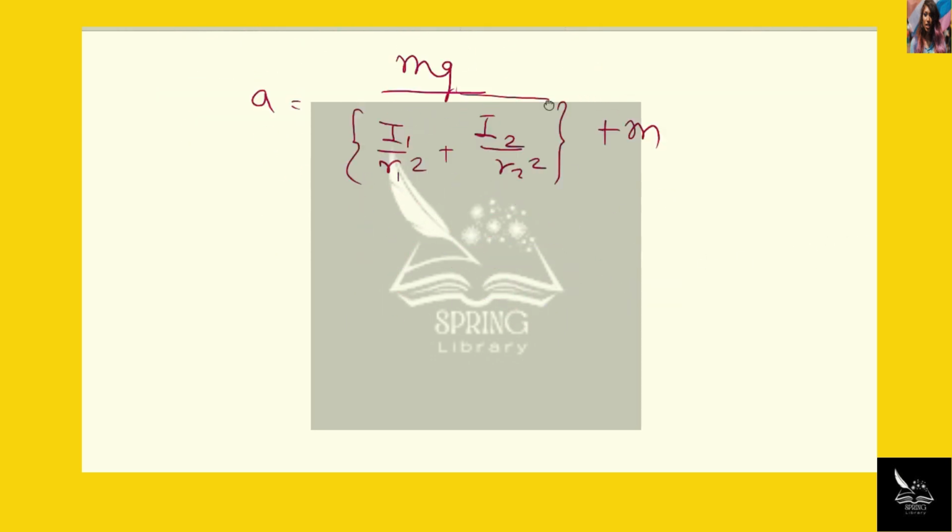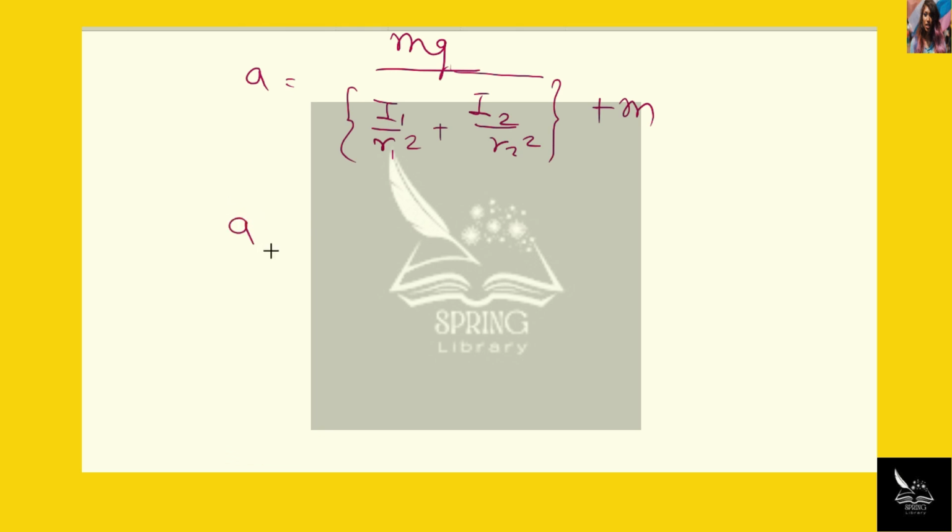From here we get acceleration A equals mg upon (I1 upon R1 square plus I2 upon R2 square plus M). Now put all the data in this equation.